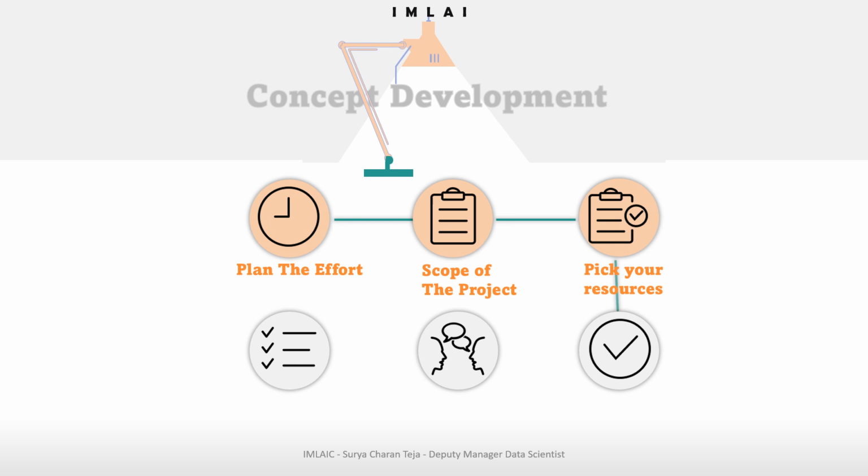Once you pick your resources, you have to select the right metrics to have a validation after that. Then we move on to gathering the feedback, as I told you. You select the right metrics so that you can gather the feedback and re-verify your concept.